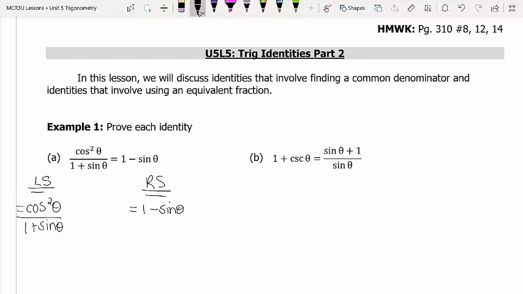So first thing I'm going to do is use my Pythagorean identity rearranged, and swap out that cos squared theta with 1 minus sine squared theta. So one thing I'm going to notice, and this is an example of when you can use factoring to solve a question, is in that numerator I have a difference of squares.